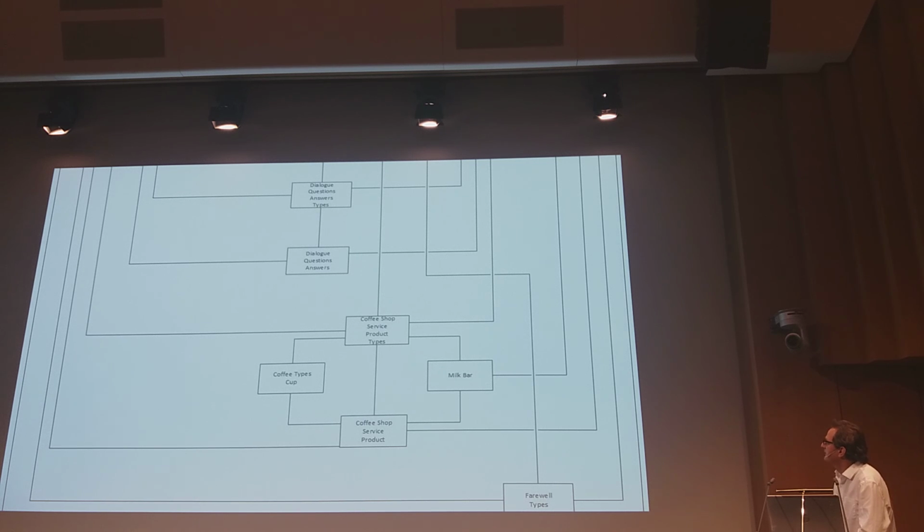And we see again, milk bar has a relationship to the coffee shop client, but has no relationship to the coffee shop sales assistant. The reason is that it's not covered that the coffee shop sales assistant will fill the bottle of milk or bring a new bottle of milk in case the bottle of milk is empty.